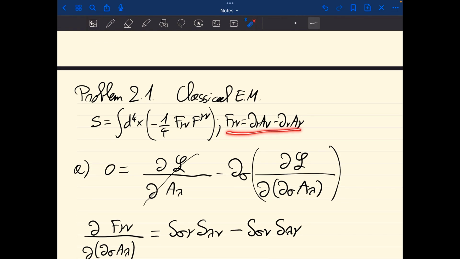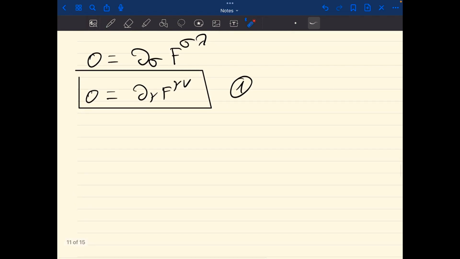So F mu nu here, which is an antisymmetric tensor, you can check that by cyclic permutation of the 3 indices, the sum of the 3 different terms is necessarily equal to 0. That's something you can explicitly check.